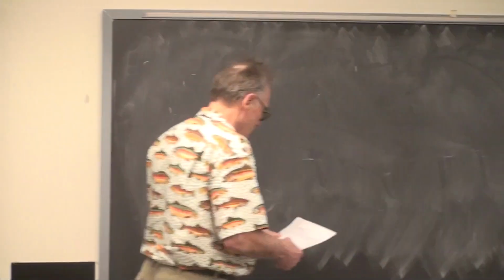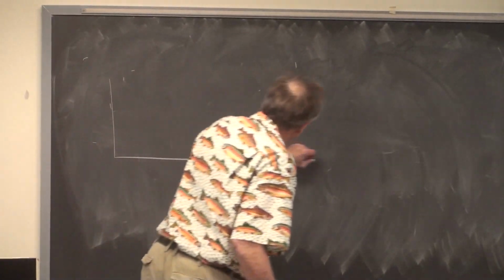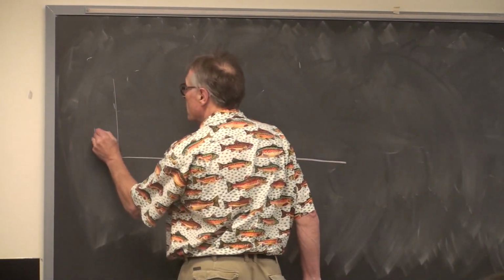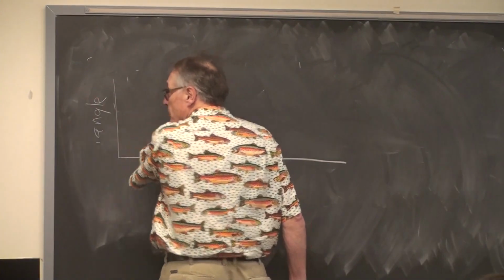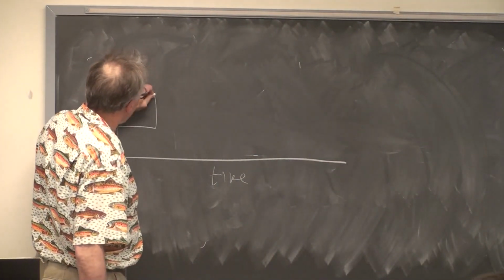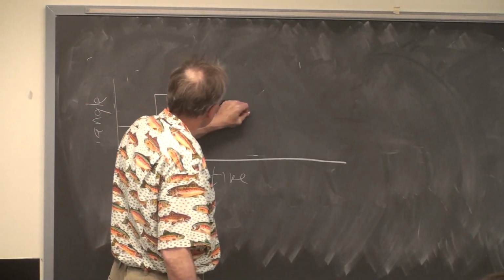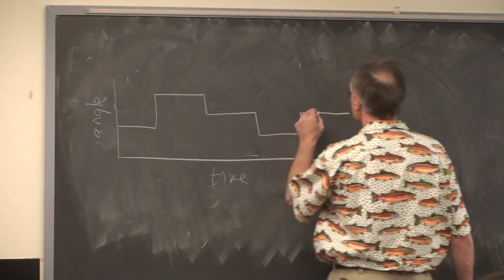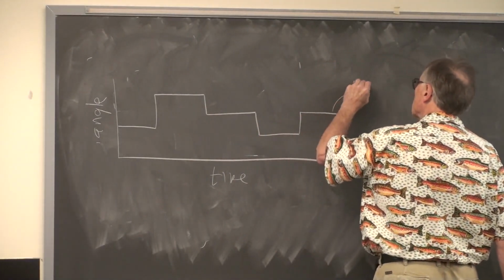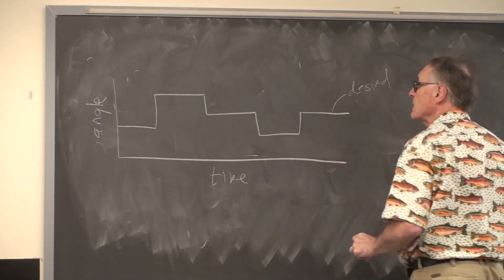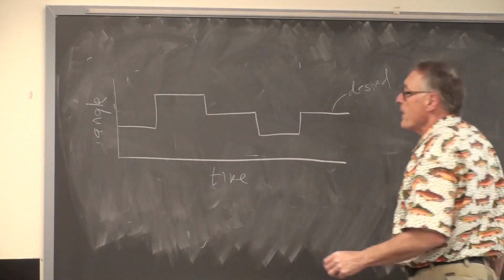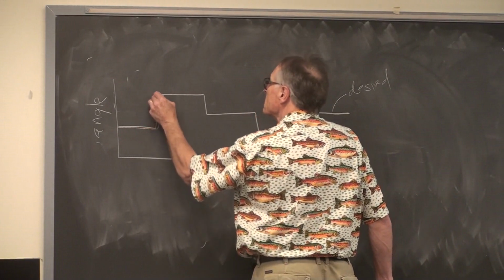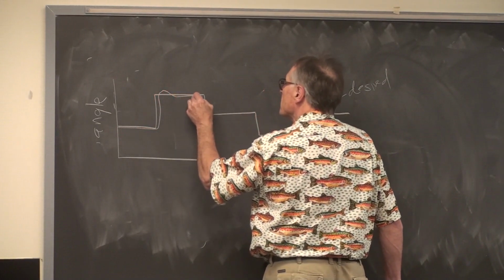And what we really want is that if we have time here and angle here, and we ask for this set of steps of angle, so this is the desired angle, desired by the user, what we should get is something at the actual output that mirrors that rather closely.